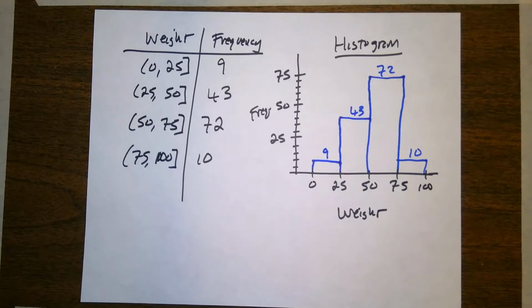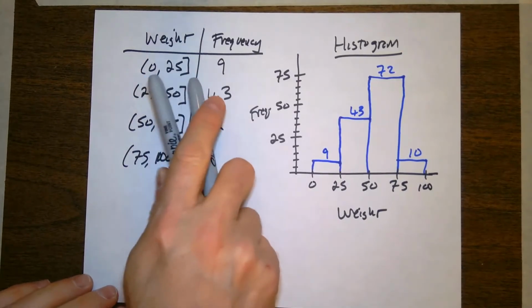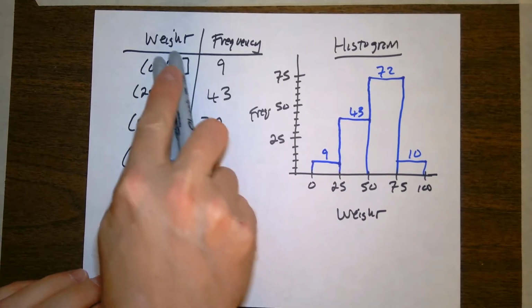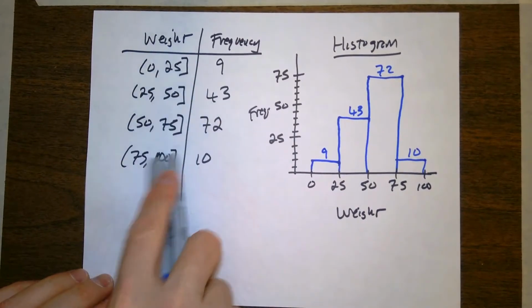So how can we make the data better fit? Well, we're going to create another frequency table, and we're going to change our classes here. And again, don't worry about counting. I've got all the numbers, so I can give you the numbers if you missed all of that from before.